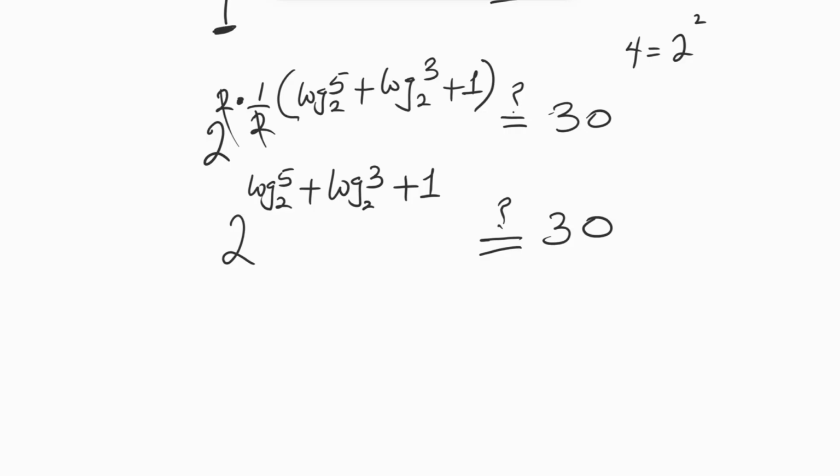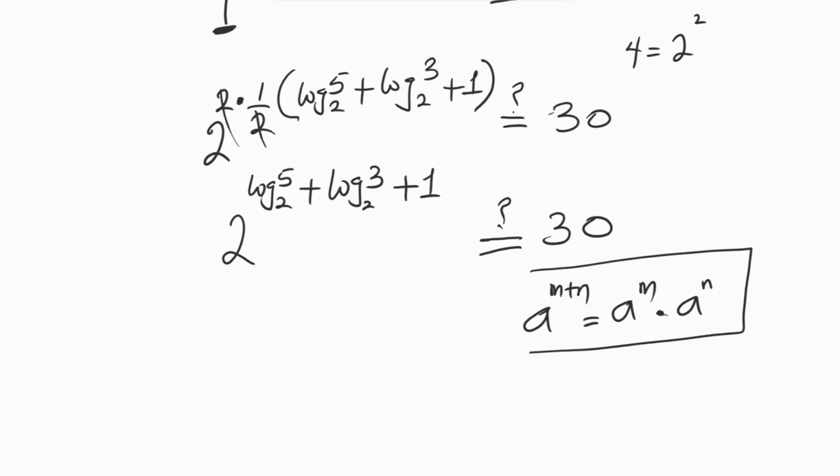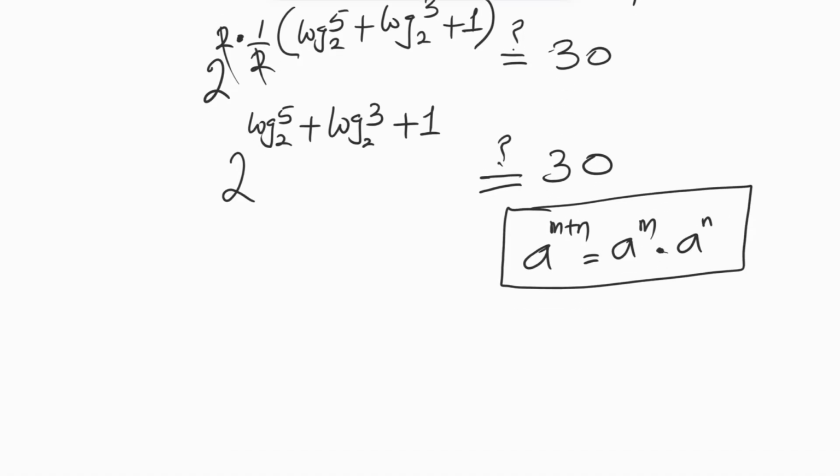Now we know, since we have pluses at the powers, we can rewrite them because we know that a raised to power m plus n is the same thing as a raised to power m dot a raised to power n. So let's separate them.